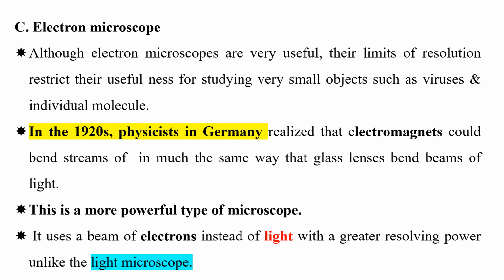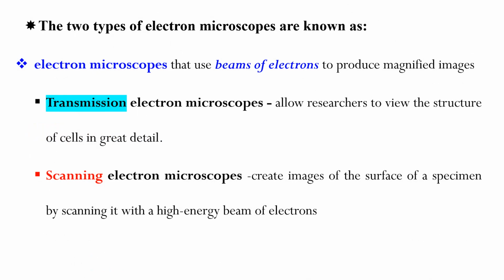We divide electron microscopes into two types. When we talk about compound microscopes, they use a beam of light to produce a magnified image, but electron microscopes use a beam of electrons to produce a magnified image.